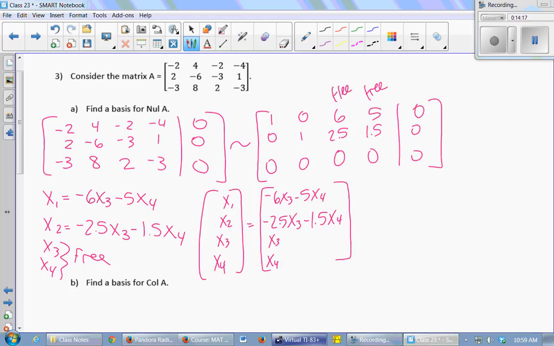So that's what a typical solution looks like. And now I just want to break this out where I use my free variables as weights. So I'm going to have an x3 times something and an x4 times something.